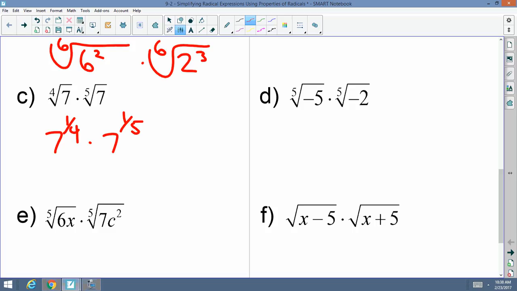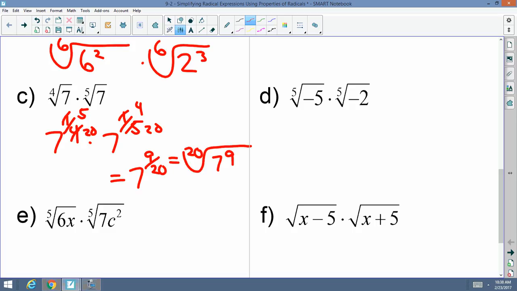What do you do when you have the same base and you're multiplying? You keep the base and you add the exponents. So that goes to 20, that goes to 5, that goes to 20, that goes to 4. So that's 7 to the 9/20ths, which will equal the 20th root of 7 to the 9th power. Technically, you cannot multiply these two, but since they have the same base, you can go to exponential form and multiply them.